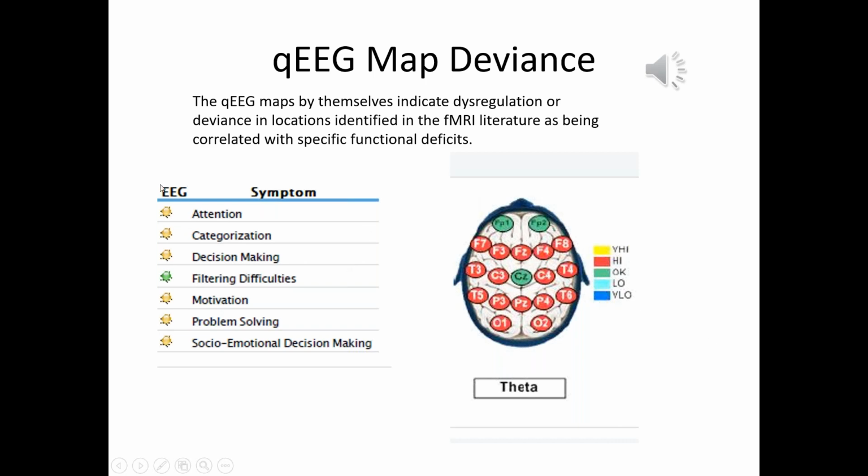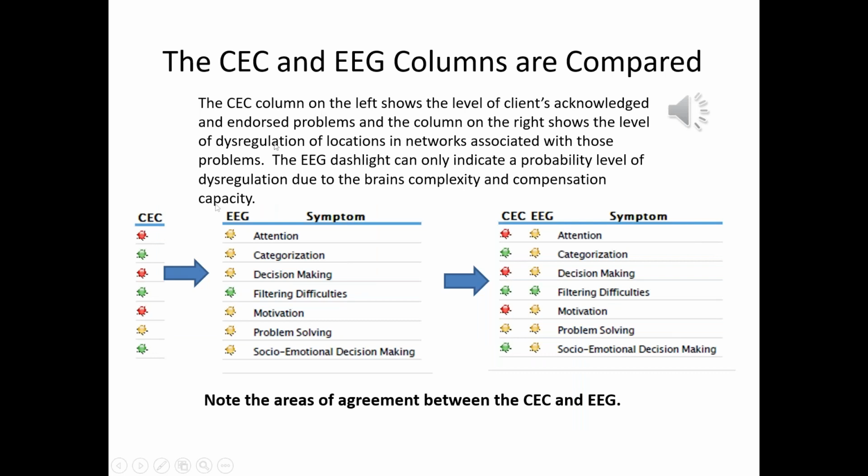They're just images to make it make sense. The CEC that they filled out, that they said they had problems in this area and that area, is correlated with areas that should be associated with that based on that chart you saw. And that is correlated with areas that are dysregulated in the EEG.